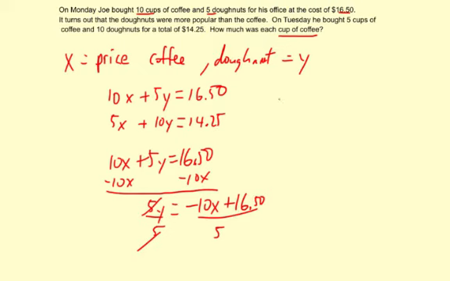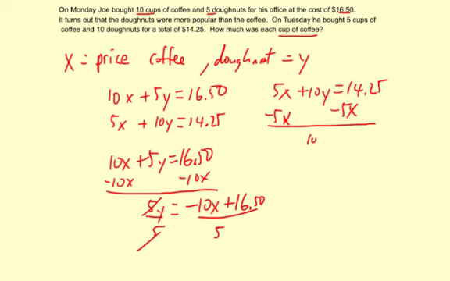Let's look at the second equation. Subtract 5x from both sides. Leaves 10y equals negative 5x plus 1425.